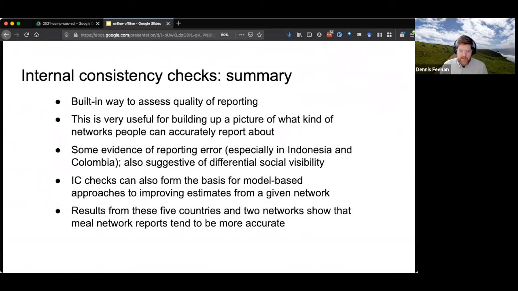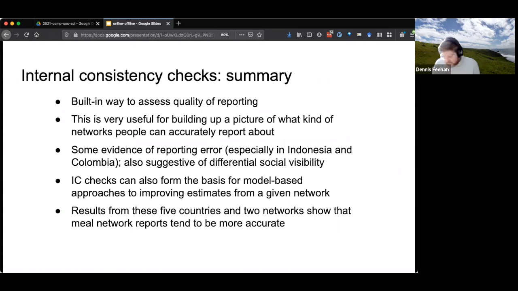Okay, so what's the takeaway from the internal consistency checks? Well, I really like these because they're a built-in way to kind of sanity check the results that you're getting from one of these studies. And I'm arguing that it's particularly useful for building up a picture of what kind of networks people can accurately report about. We see some evidence of reporting error, especially in Indonesia and Colombia, which might be suggestive of differential social visibility.